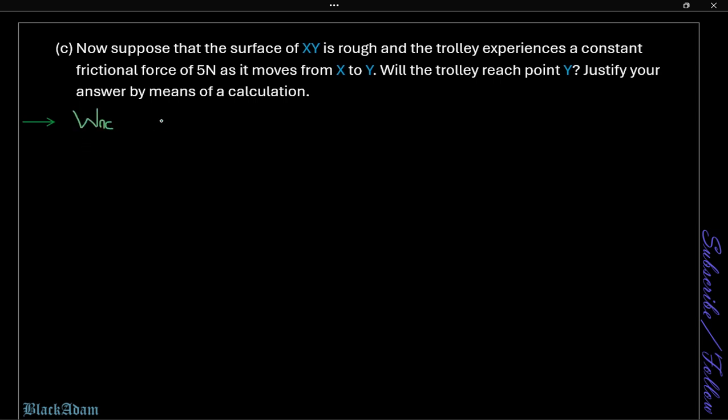Work done by non-conservative force is going to be change in kinetic energy plus change in potential energy. So from there, friction is 5 Newton, and then we have our trolley there. So we want to know what the displacement would be. 5 multiplied by change in x multiplied by cos.